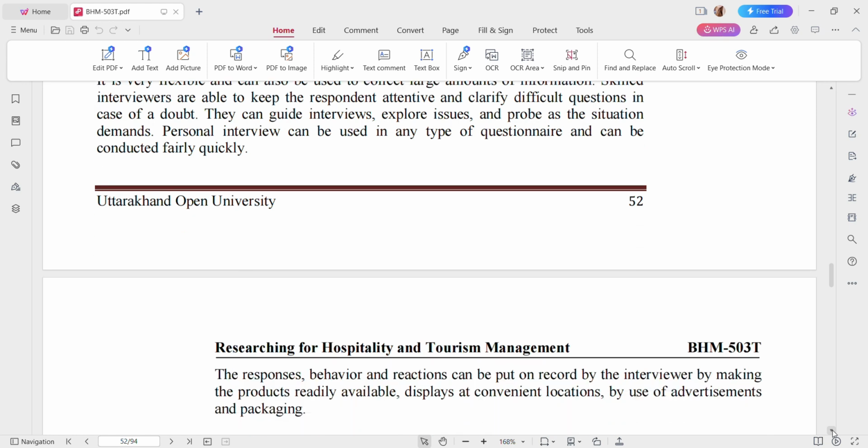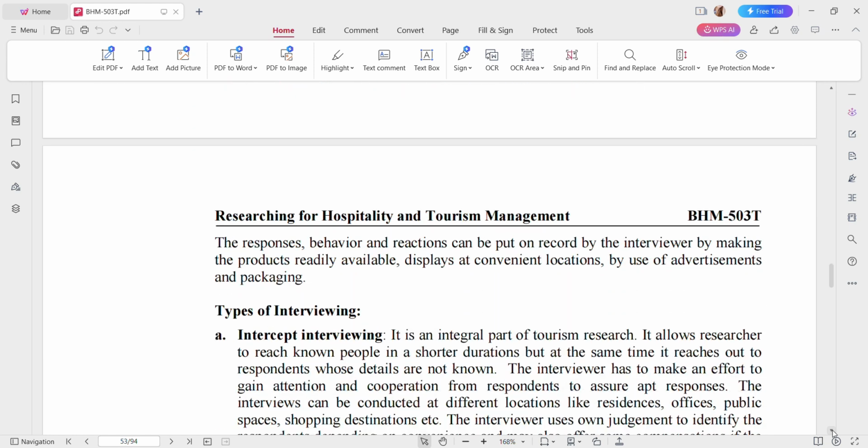Case study. Alright, now here, the responses, behavior, and reactions can be put on record by the interviewer by making the products readily available, displays at convenient locations, and use of advertisement.